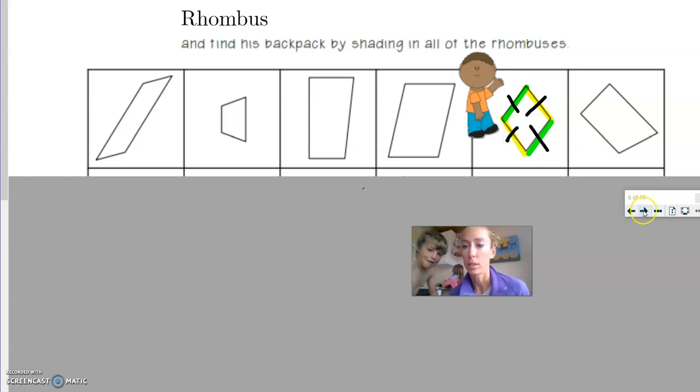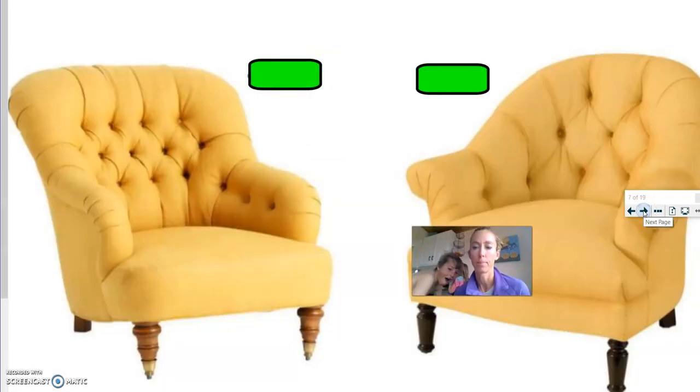So that is what has to happen if it's a rhombus.